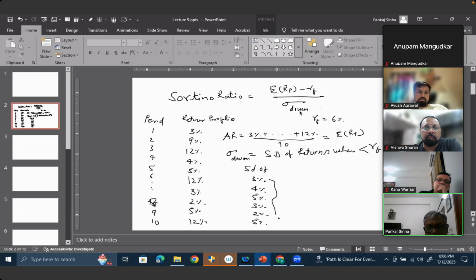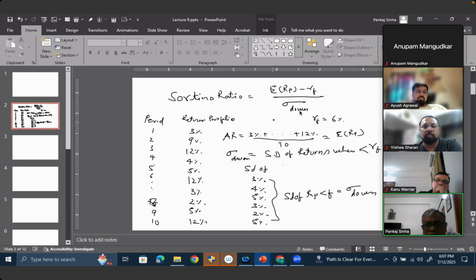So the SD of this series, the SD of returns of portfolio less than RF, is equal to sigma down.